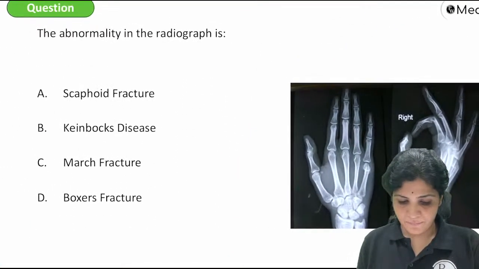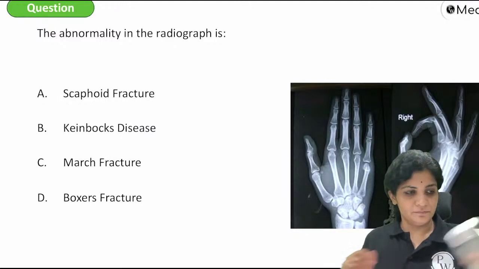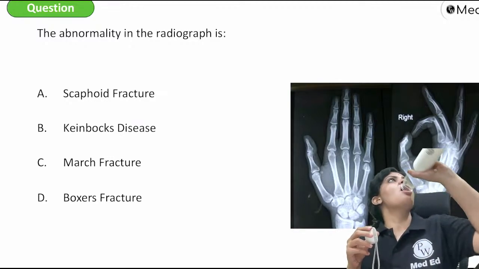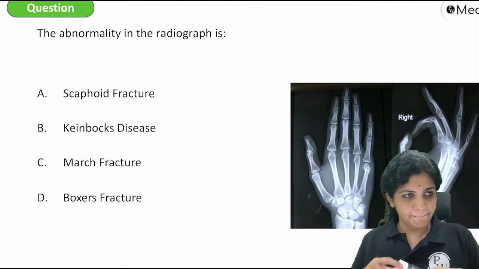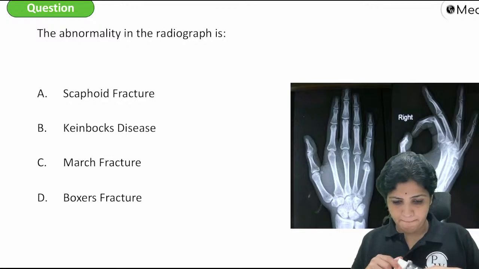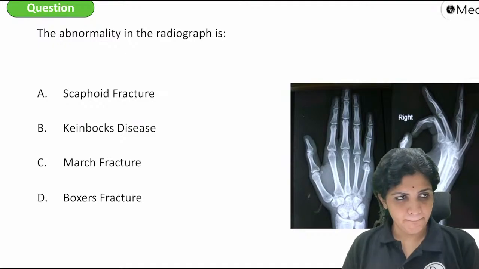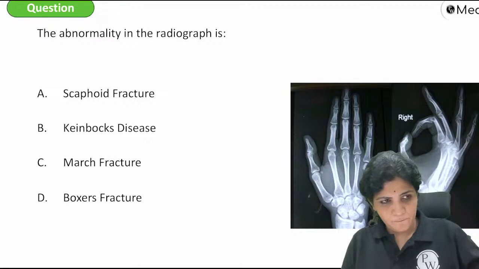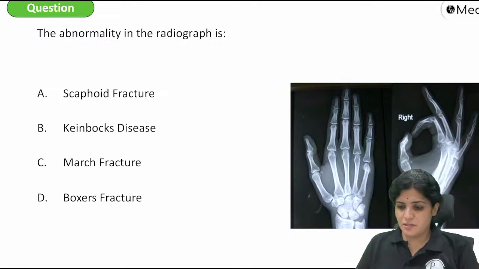Identify the abnormality in this radiograph. What is the problem in this X-ray?